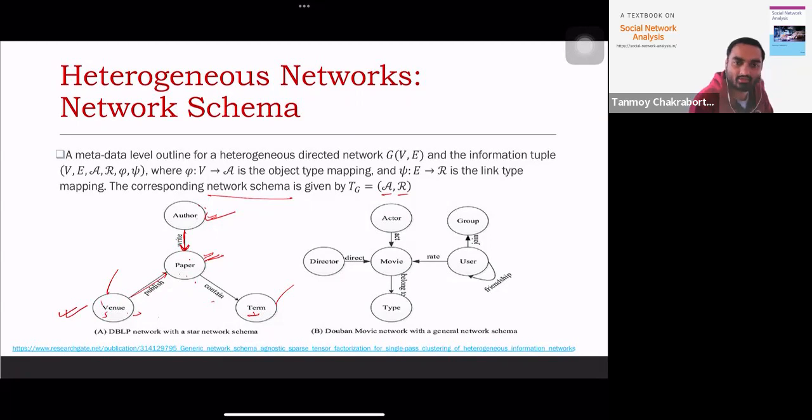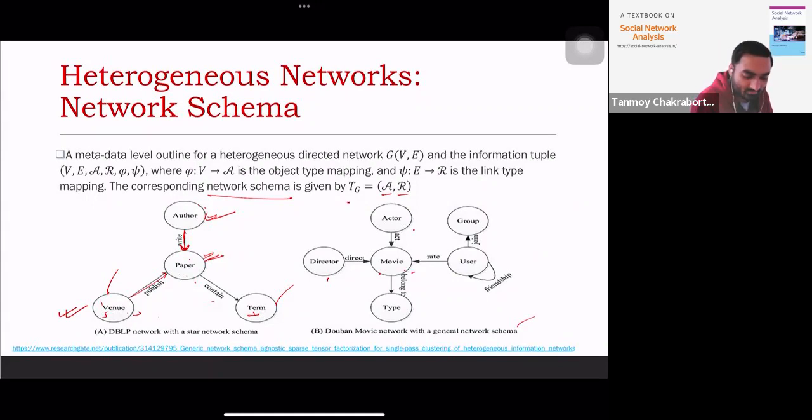You see my point? So network schema is basically a relation between different node types. I'm not talking about any instances. I'm just talking about types. Similarly, this is a network schema of a movie network, right? The director directs a movie, actor acts in a movie, user rates a movie, and so on and so forth.